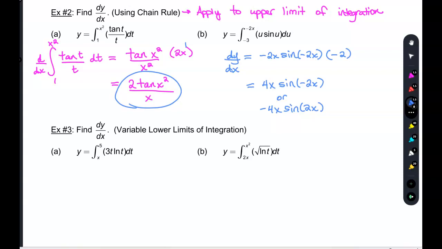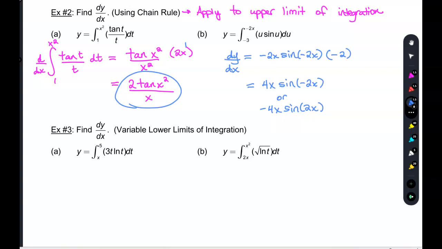Okay. Last 2 examples, and then we'll do part 2, fundamental theorem of calculus, which we've actually already done. So something happens here. Here, the lower limit of integration has the variable, and here, these 2 both have a variable. So let's tackle A first. What would you do?